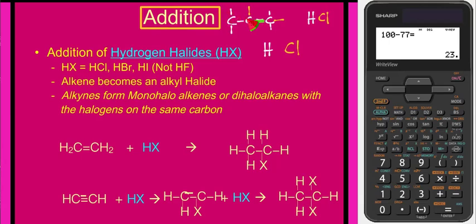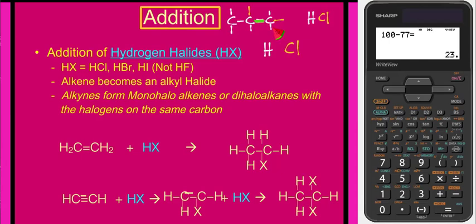So the H cannot be put anywhere. You look at these 2 carbons, the 2 carbons where there was a double bond. Look at carbon number 1, like how we do primary, tertiary alcohol.